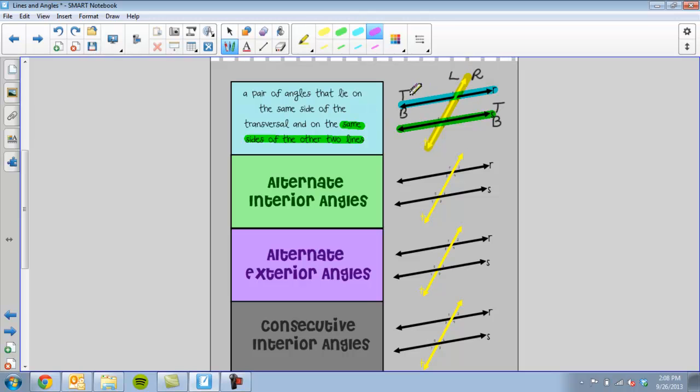So if I pick top left, it would have to be angle 1 and angle 5. Both of those angles are on the top left of my picture. If I was going to do it again, let's say I wanted to be on the bottom right, it would be here, and it would be 4 and 8. Those are corresponding.